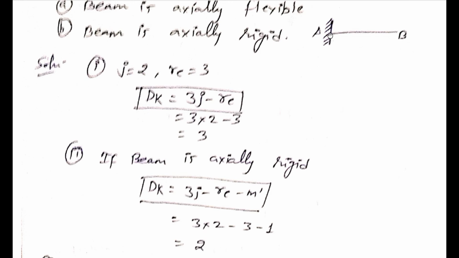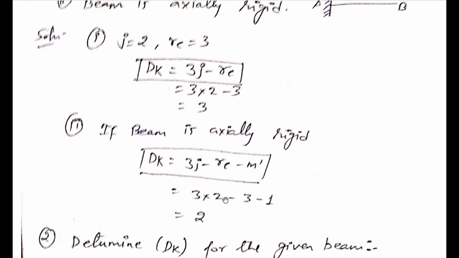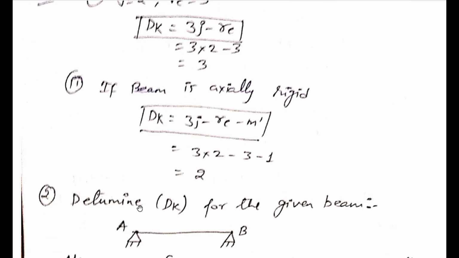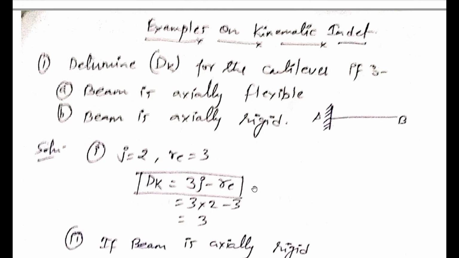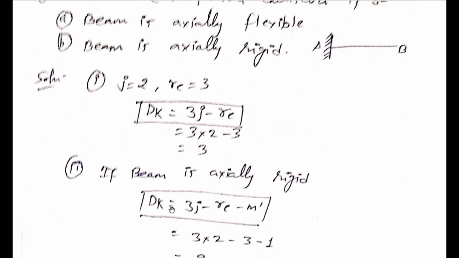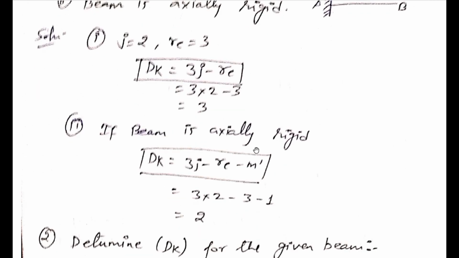The external support reactions are 3 for the fixed joint and none at B, and m double dash is 1, so 6 minus 3 minus 1 is 2. So when the beam is axially flexible, we do not consider the m double dash value and dk does not reduce, while for axially rigid members the degree of kinematic indeterminacy is reduced.